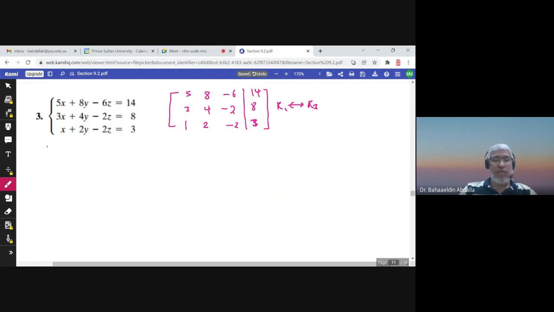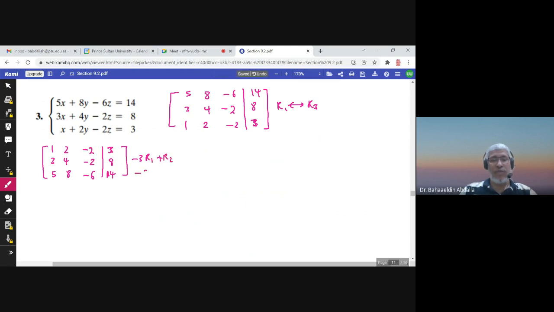According to the Gaussian elimination method, if you don't know the Gaussian elimination method, please check the section 9.1 lecture. Row 2 as it is, and row 1 will become in the position of row 3. All right. Now I use this one to make 3 and 5 zeros.